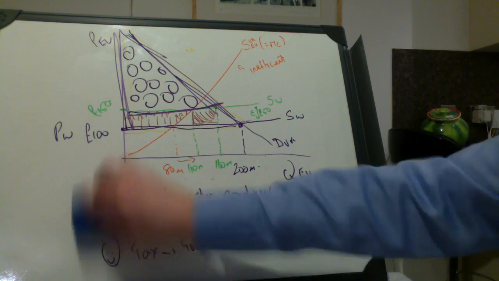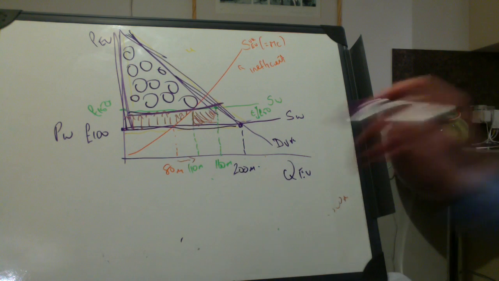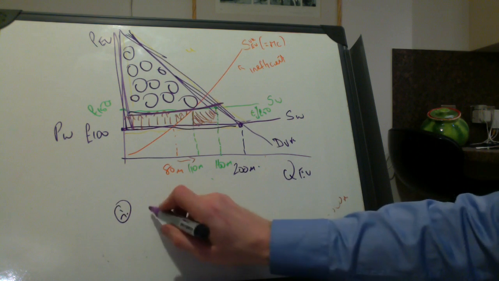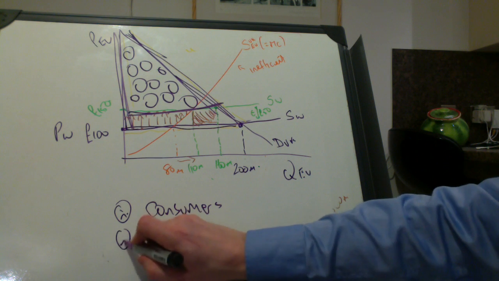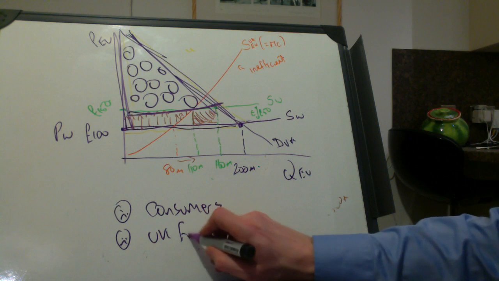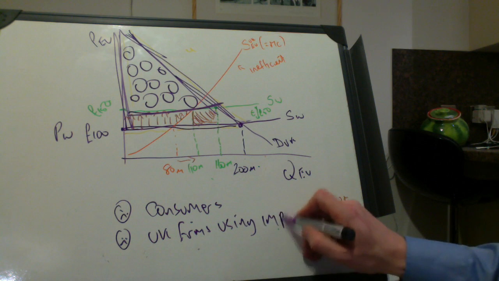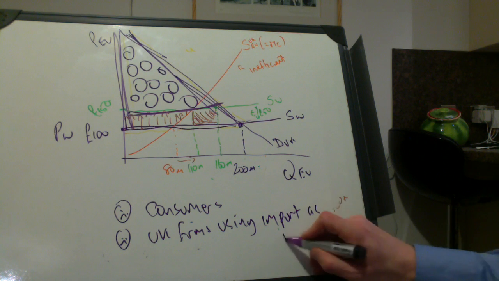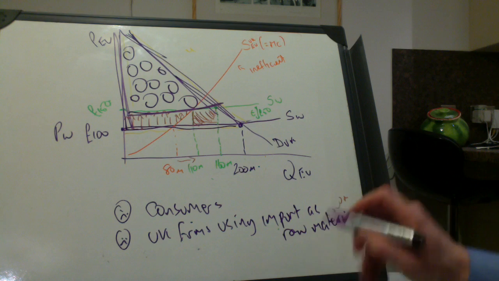Who's sad? That's again fairly obvious. Consumers are sad, because they've had a reduction in their consumer surplus. Also sad are UK firms using the import as a raw material, because their costs have just gone up.